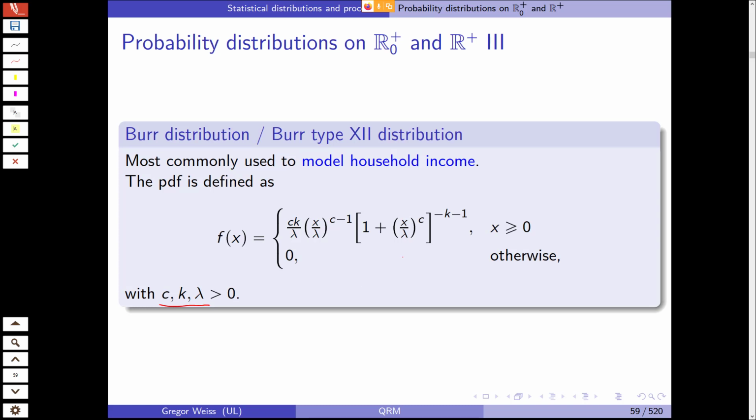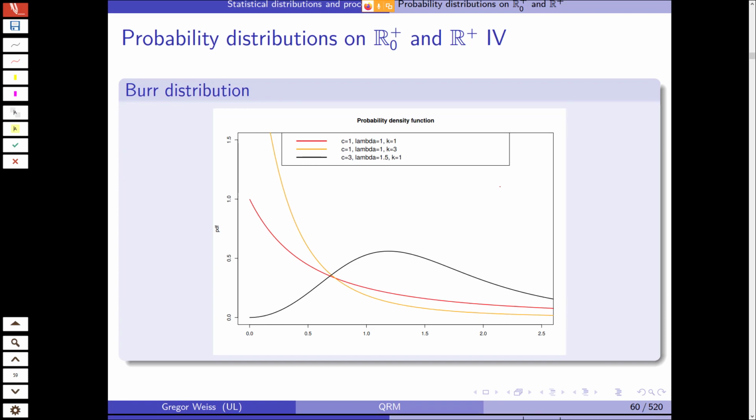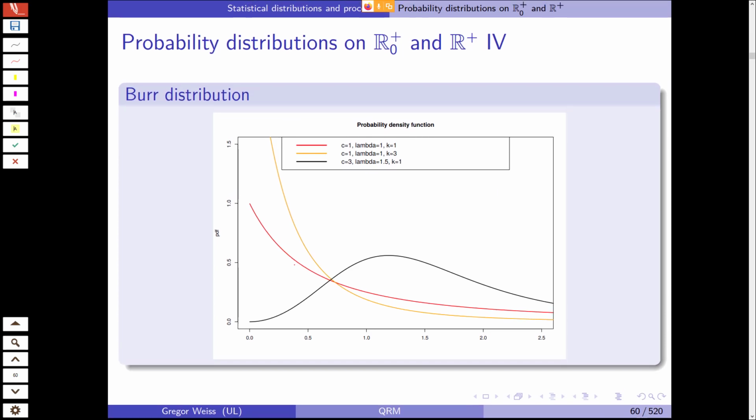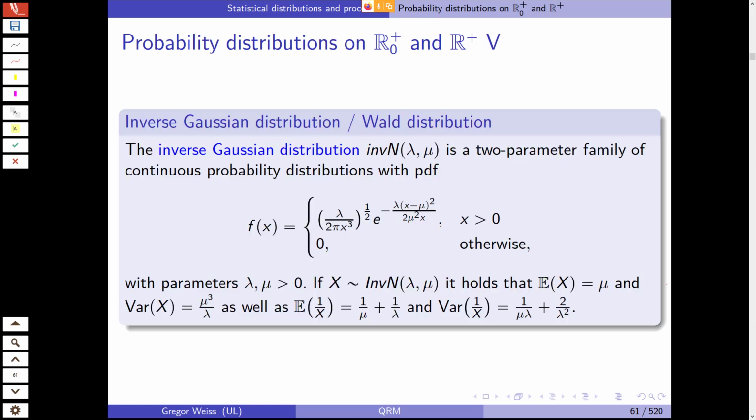And it is a distribution that is defined on the non-negative real line, which makes sense if you want to model household income. And this is what the Burr distribution looks like for three different sets of parameters. It could make sense to model a given risk factor using this type.